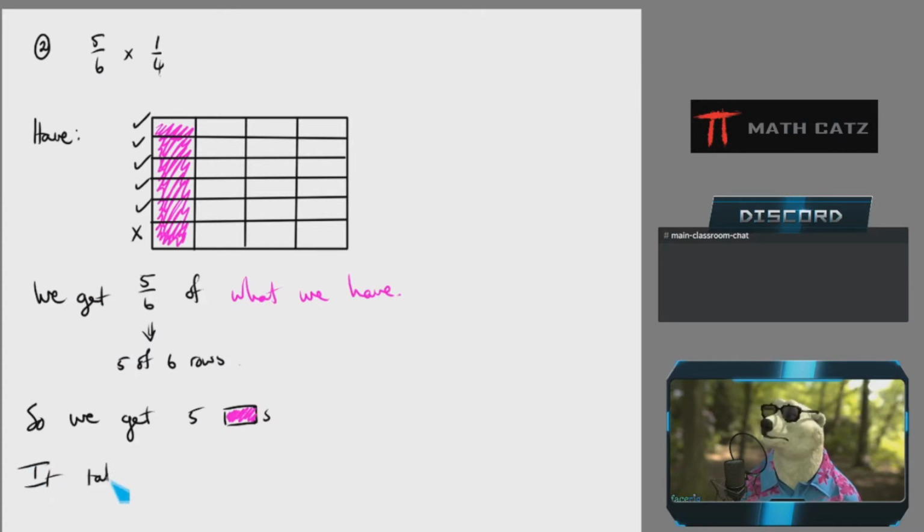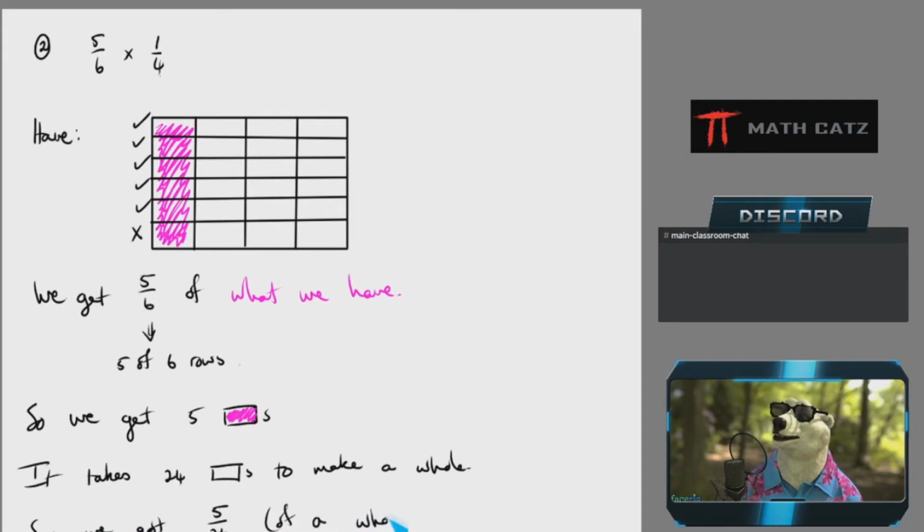It takes 24 pieces in general to make a whole rectangle. So we got 5/24 of a whole. Once you get the hang of it, it's just really quite straightforward.